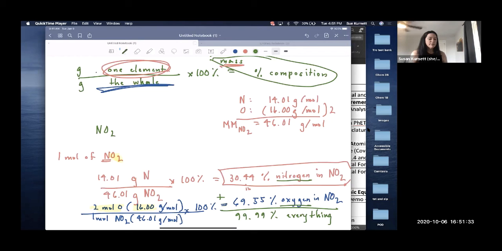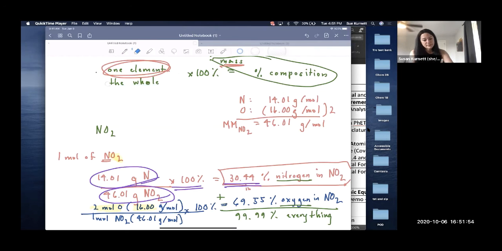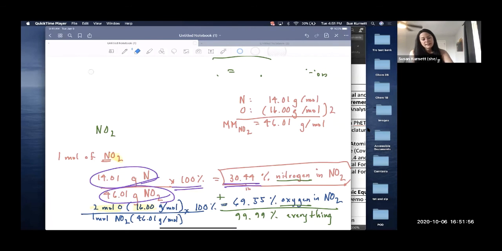So I can do it by just taking what's in the numerator is 1 element, and what's in the denominator is everything, and I multiply it by 100%. Or I could have said, well, if I know that 30.44% is nitrogen, 100 minus that is oxygen. Because if there's only 2 things, they have to add up to 100%.